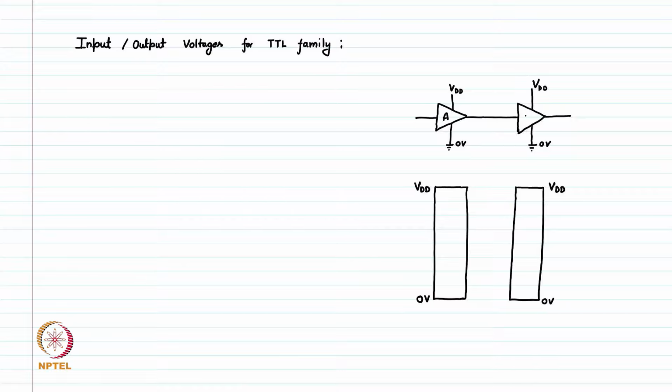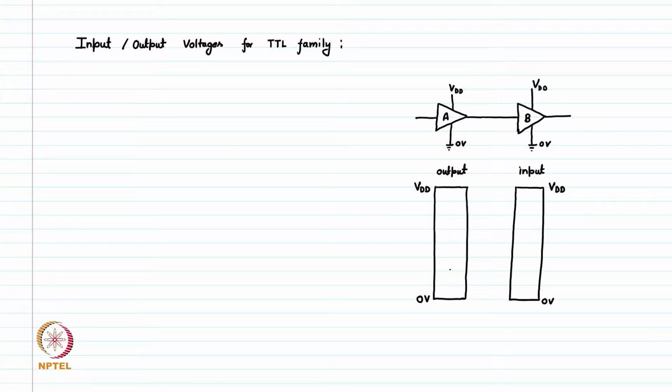Let us say this is A, this is B. So, gate A is driving gate B. It means the output of gate A should be compatible with the input of gate B. So, this is the input window of gate B.